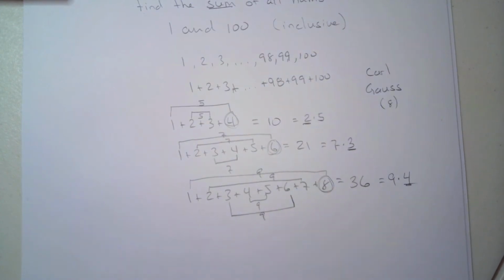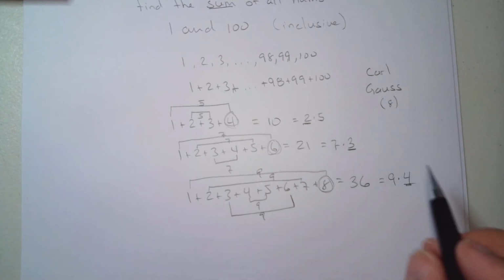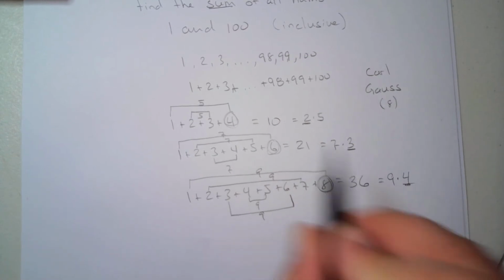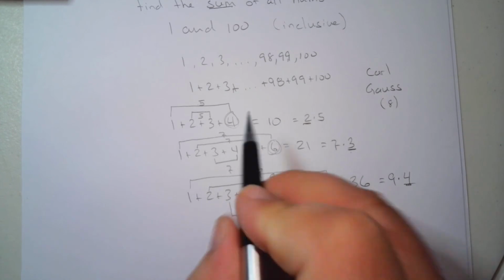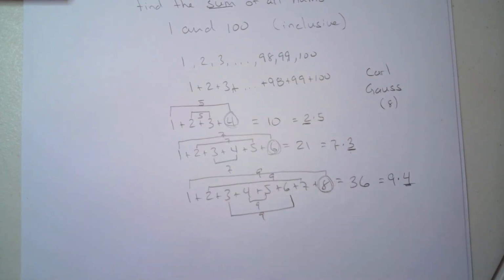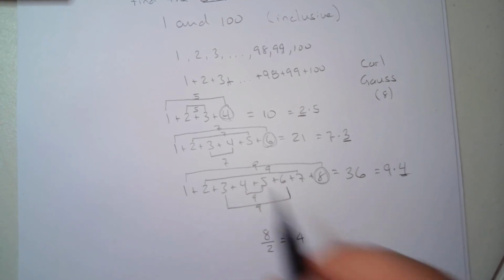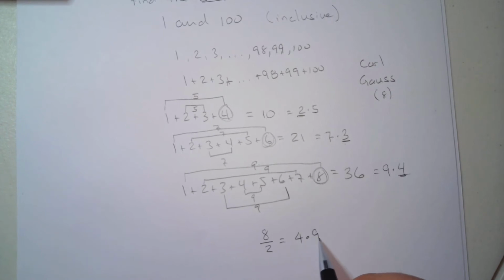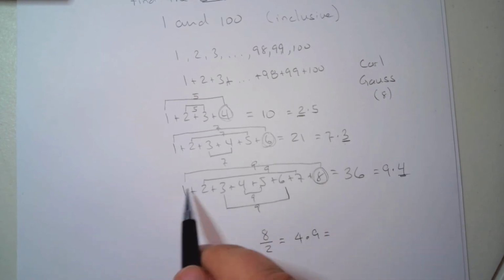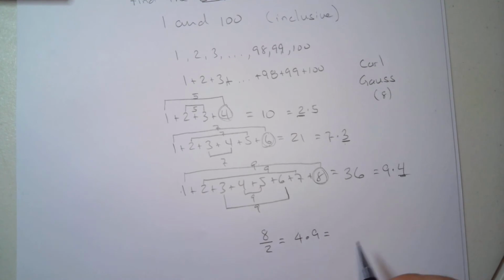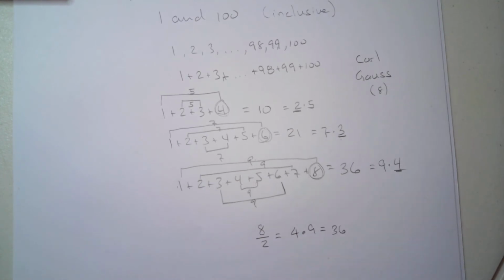Because remember, he did all of them, so we have 8 numbers. So how do we go from 8 numbers and get 4? How do we go from 6 numbers to get 3? How do we go from 4 numbers to get 2? Well, we take as many numbers as we have and divide it by 2, and then multiply that by 9, because that's what the pairs equal, and we got 36.